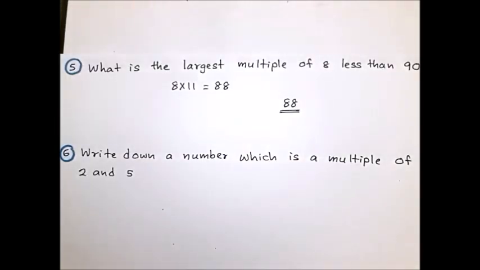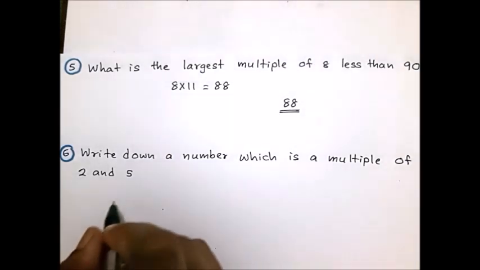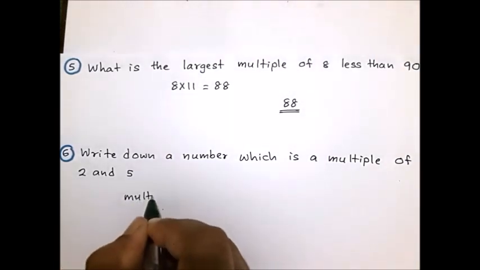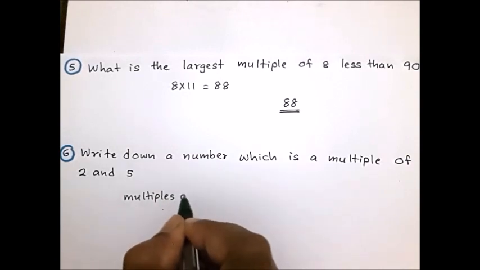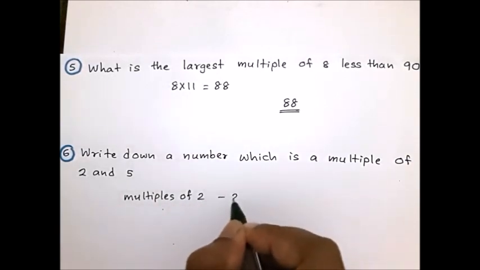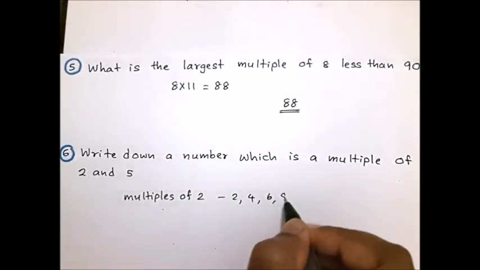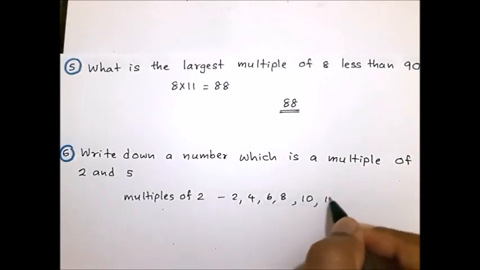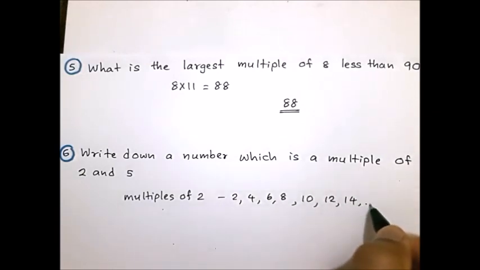Sixth one. Write down a number which is a multiple of 2 and 5. First I am going to write the multiples of 2: 2, 4, 6, 8, 10, 12, 14.